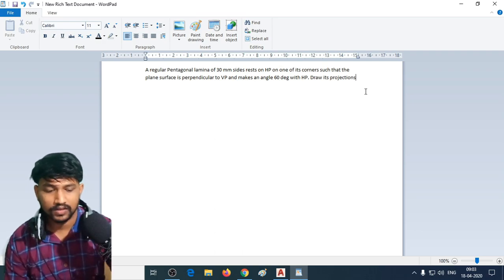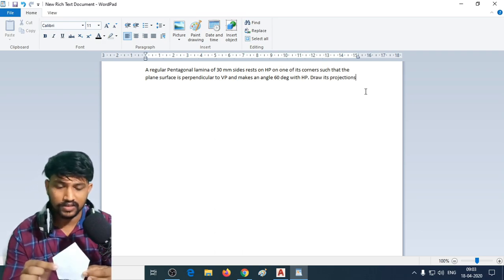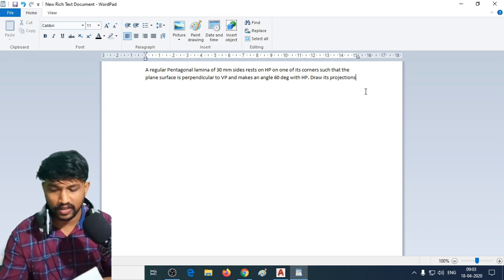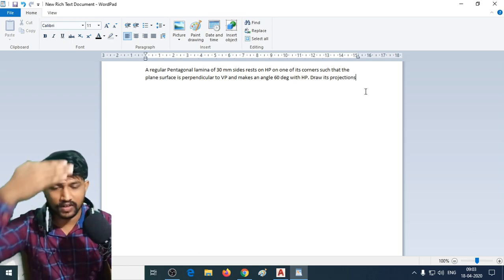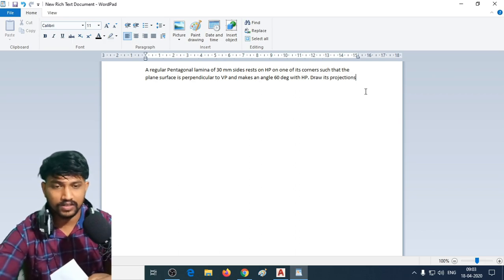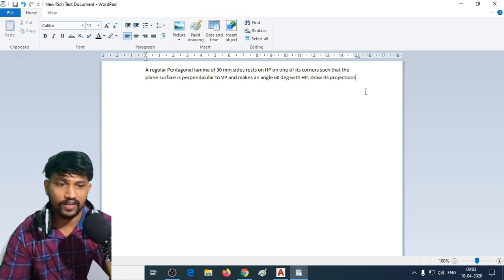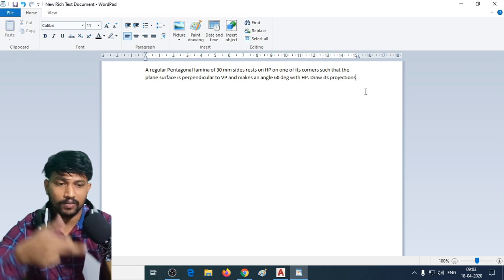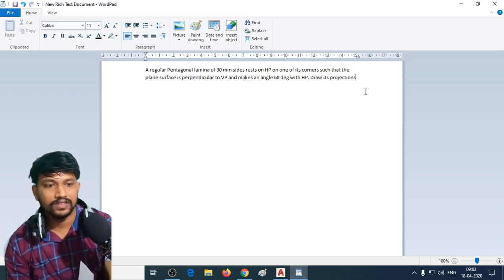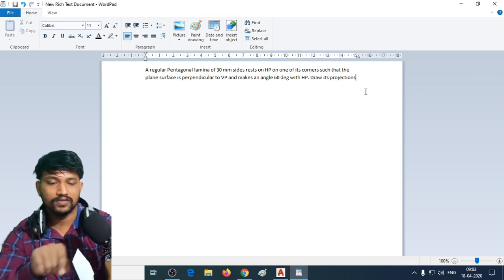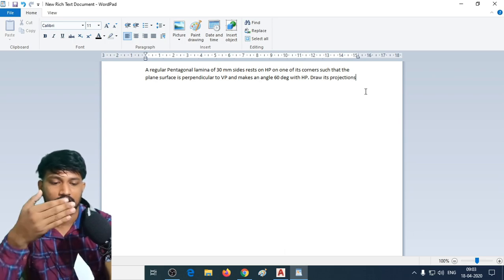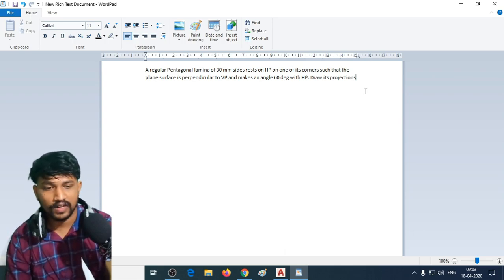So if you consider this as the pentagonal plane, with a vertical plane like this and a horizontal plane like this, it rests on one of its corners with the surface perpendicular to the vertical plane. Now it makes an inclination of 60 degrees with the horizontal plane, and it is also perpendicular to the vertical plane.